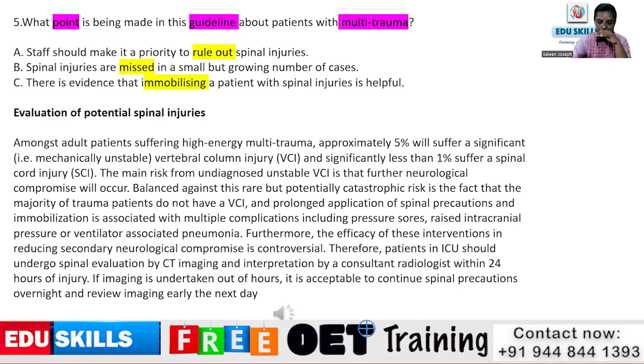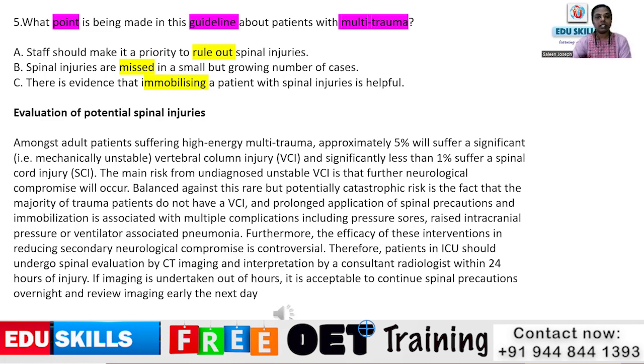Guideline, again, I told you, any instructions given to a professional is called a guideline. The first option: staff should make it a priority to rule out spinal injuries. Should is a modal verb, and make it a priority to rule out spinal injuries. I think everyone knows the meaning of rule out.